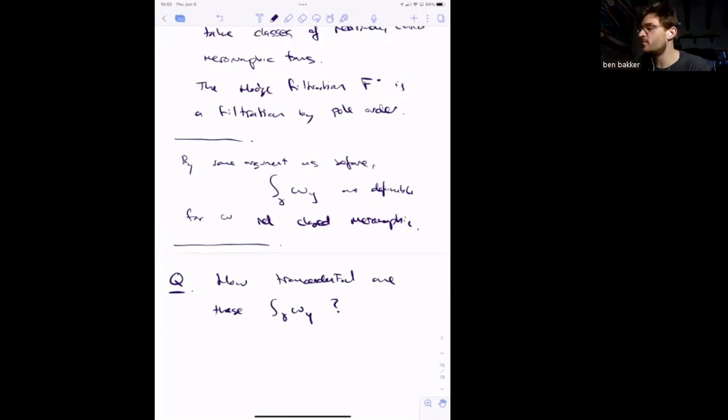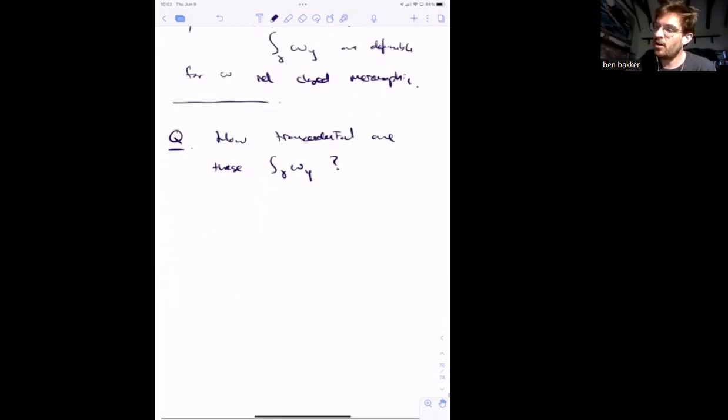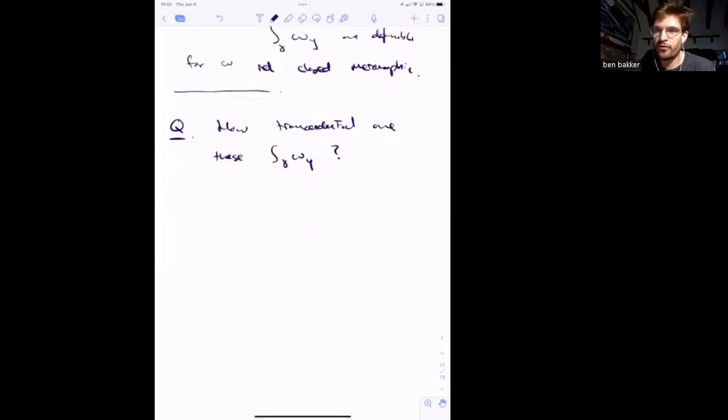There are some stupid reasons for which this is true, and then some less stupid reasons, all of which we can see from the case of families of elliptic curves. First of all, if we have a trivial family, then obviously these functions are all going to be constant, and we're not getting any transcendence. So the transcendence of these functions is certainly related to the family itself being non-trivial.